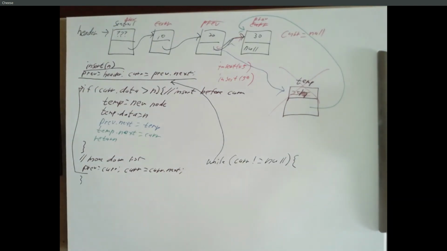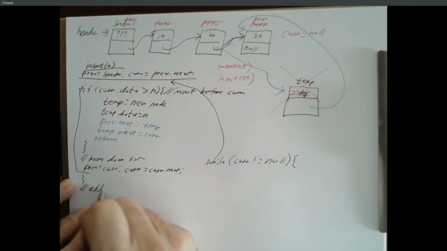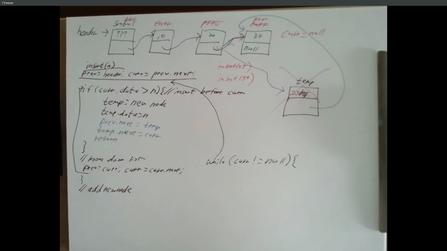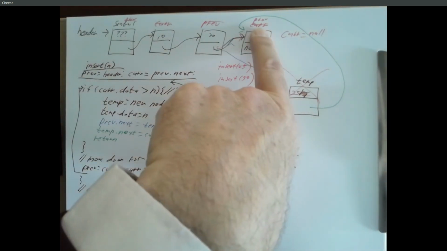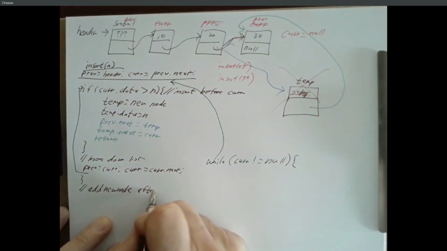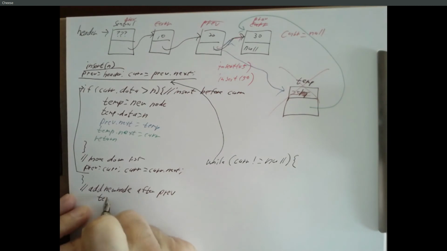And so we come down here out of the loop, and our comment is add new node. Well, where should we add it in terms of our variables? The last node in the list is previous. So we can add our new node after previous. And so how do we do that? Temp equals new node.